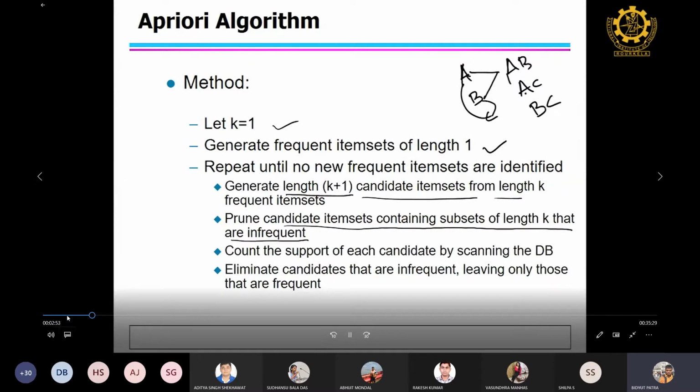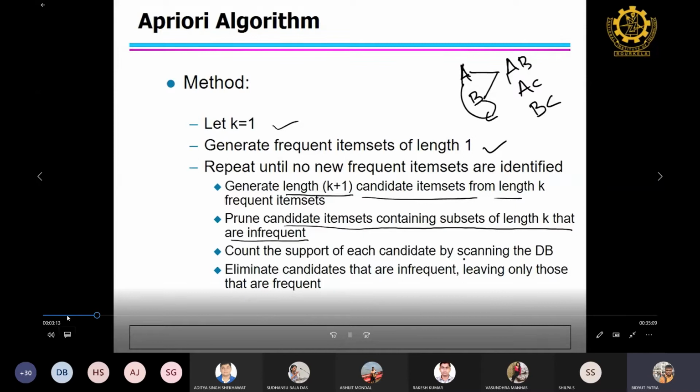So now we form AB, AC and BC. Now we have to find which item set is infrequent and remove it. Let's say we find no item set is infrequent, so that means all item sets are frequent.